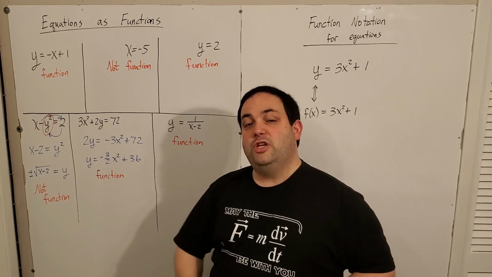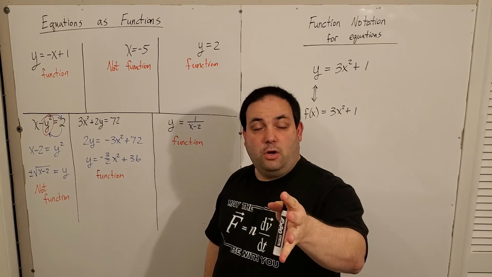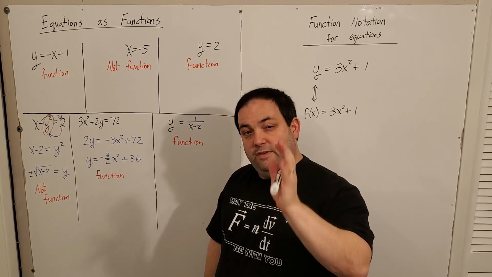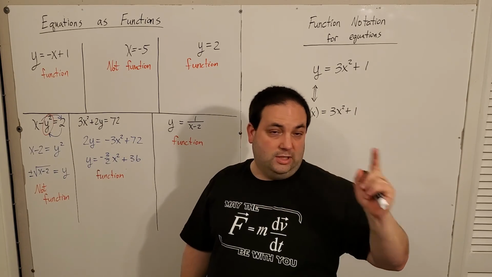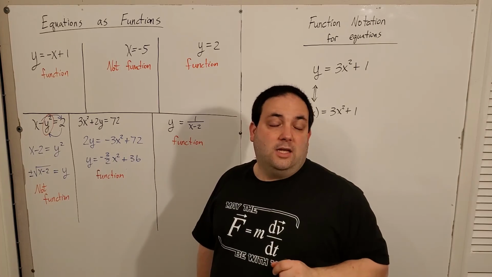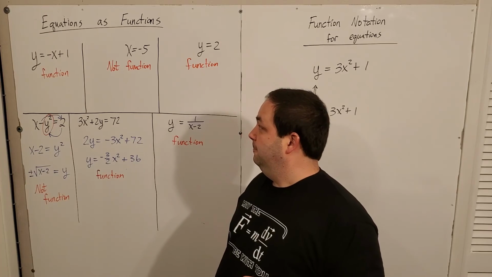I'm bringing a new machine to the boss or to the customer, and you have to give a set of instructions. That's what the domain's going to be. The set of instructions for the values that you should use and the values that you shouldn't. Now, most of the time on these equations, domain's going to be pretty much every number you can imagine. There's only a few exceptions.